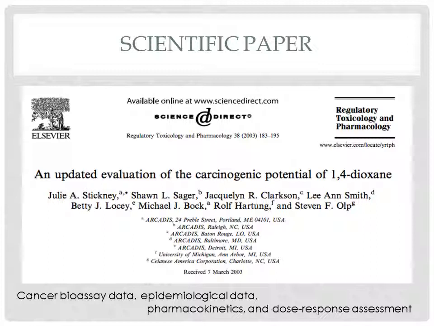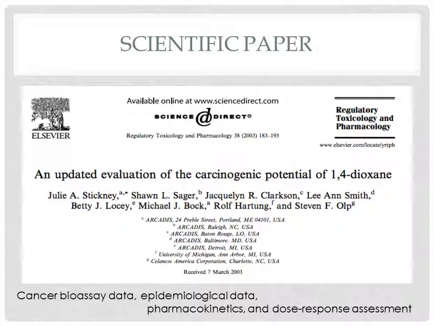I read one scientific paper called An Updated Evaluation of Carcinogenic Potential of 1,4-dioxane. This basically summarizes previous studies that have been performed to check the carcinogenic potential of 1,4-dioxane. It was really helpful in understanding the risk and how those risks were identified through many different studies.